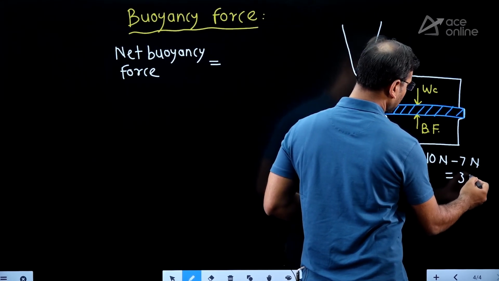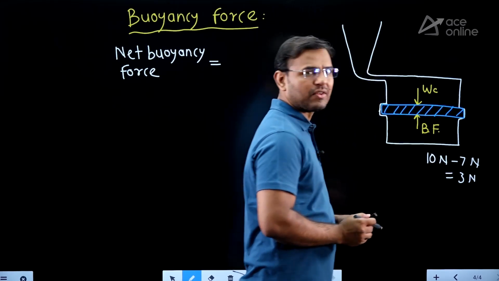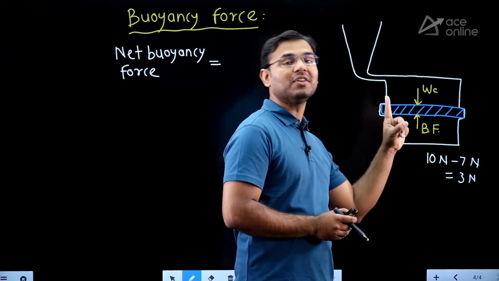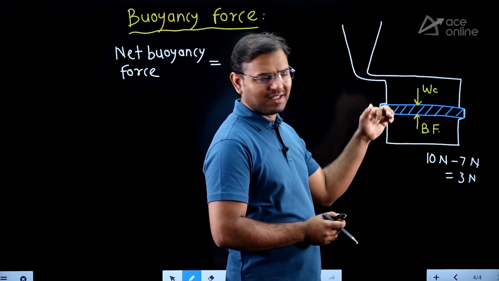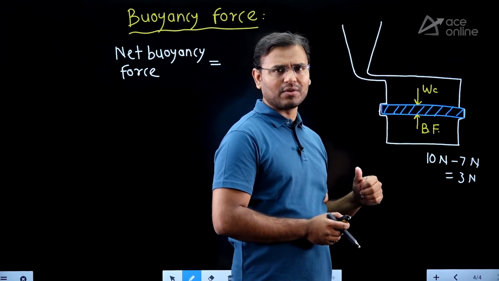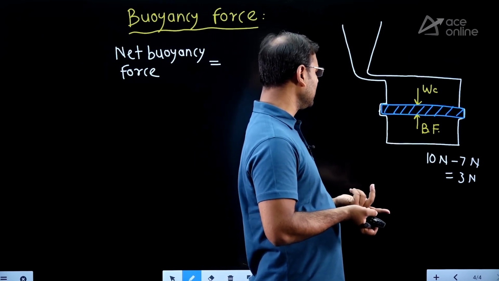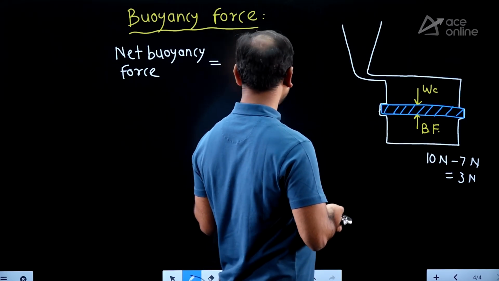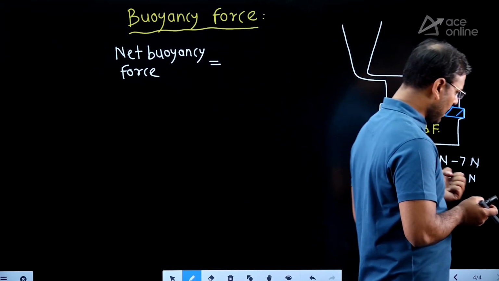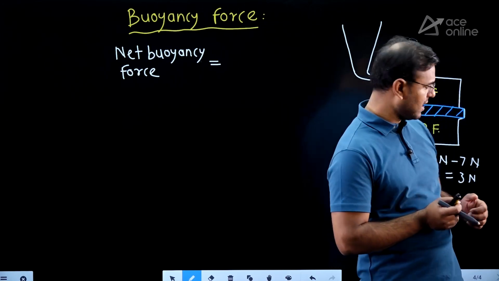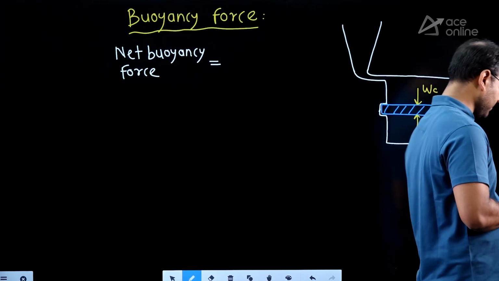The answer is 3 Newton, the difference, and it is known as the net buoyant force. Even though a buoyant force of 10 Newton acts upward, 7 Newton acts downward, so the net force is only 3 Newton, known as the net buoyant force or net buoyancy force, or we can also say the net upward force.